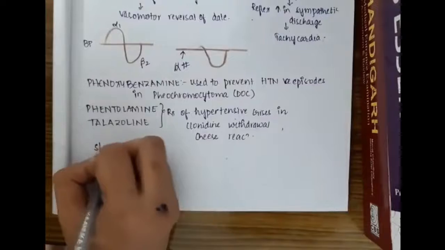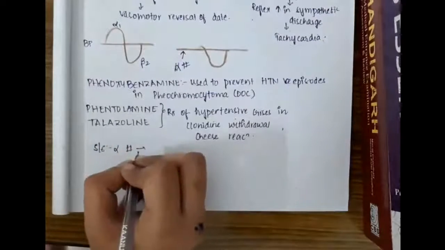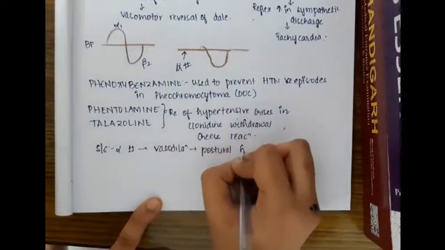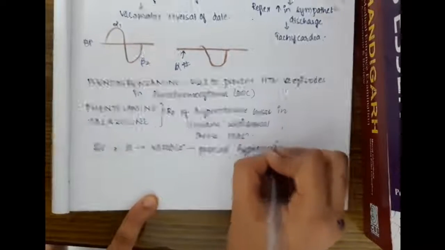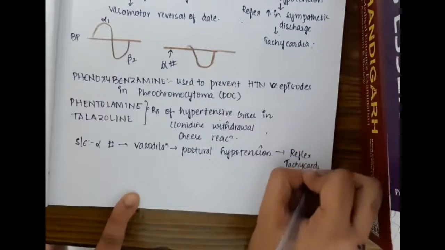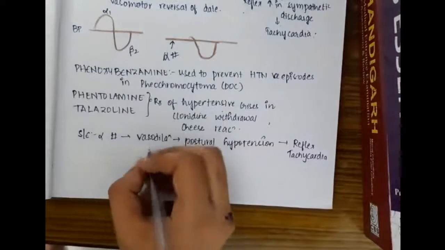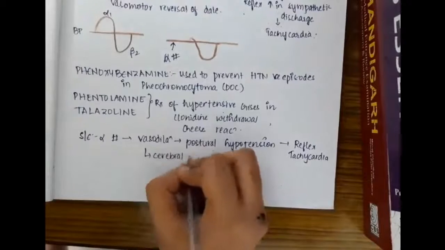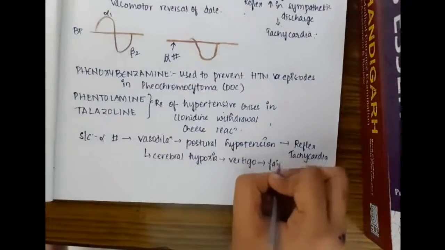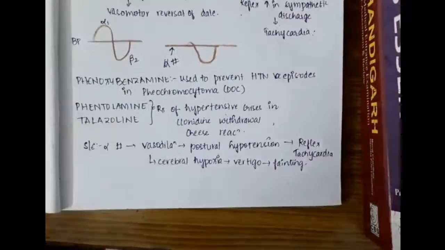If you see the side effects, these are alpha blockers, so they will not cause vasoconstriction, thus they cause vasodilatation leading to postural hypotension, which causes reflex tachycardia. This vasodilatation causes cerebral hypoxia, which leads to vertigo and fainting.